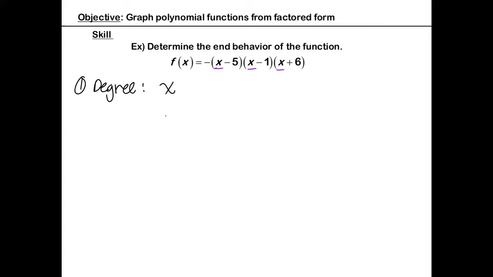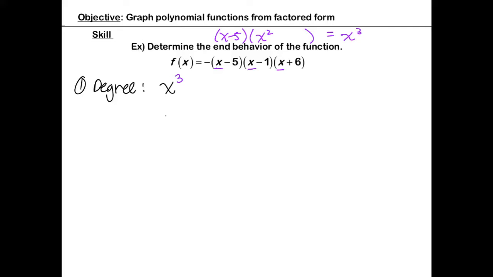These last two will produce an x squared trinomial. And then with that x minus 5 in the front, if I multiply those two, that's going to end up giving me an x to the third power, right? So the way you can do it is basically just count how many x's you have. You have 3 x's, so that's x to the third power.